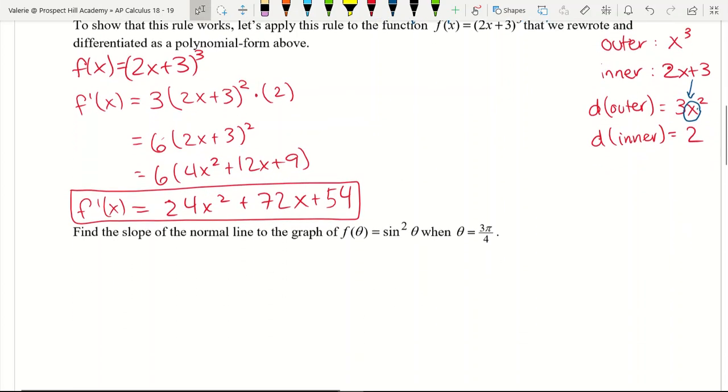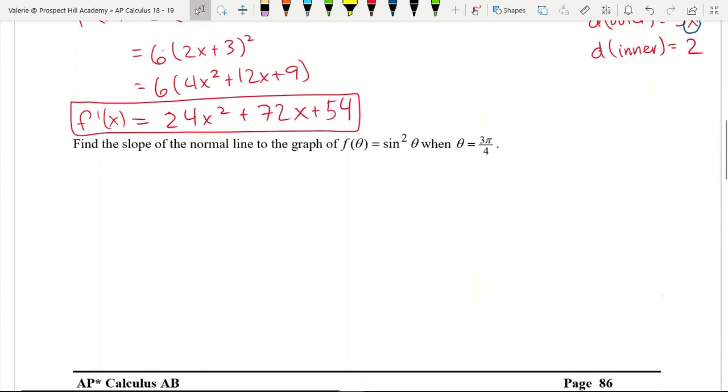So we're going to try this again with another problem, and we have plenty of problems on page 87 as well. So we want to find the slope of the normal line to the graph of f of theta equals sine squared theta, where theta is equal to 3 pi over 4. Okay, so we're going to rewrite f of theta to look more like a chain rule problem.